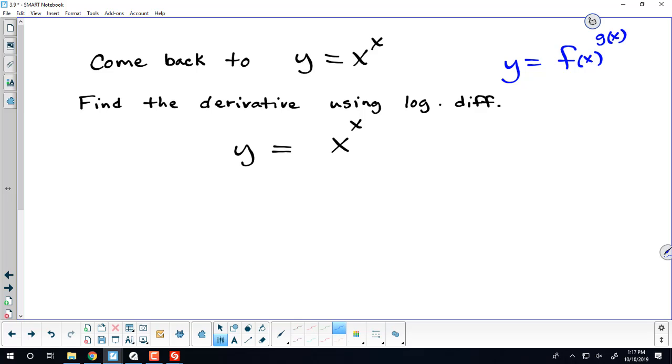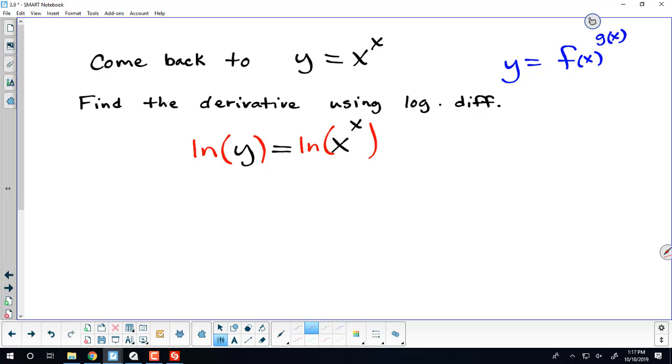All right, I know some of you are still discussing, but the idea is to take the natural log or the log of both sides. Natural log, like we said, is easier to work with. And then before you take the derivative of both sides of your equation, you need to simplify what you can in terms of the properties of logarithms.